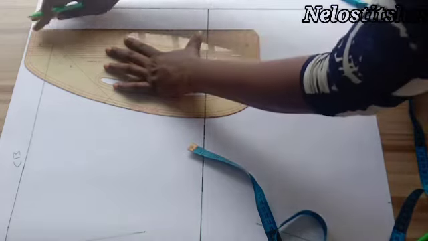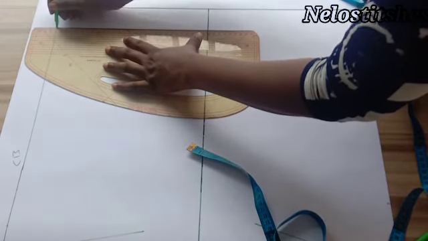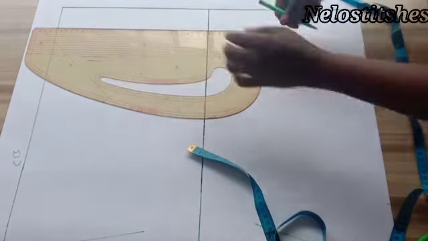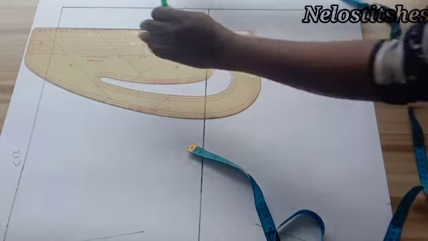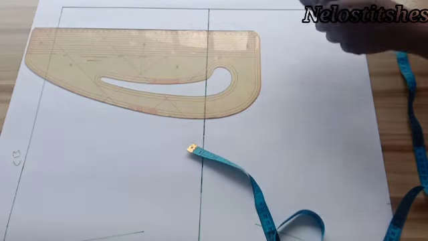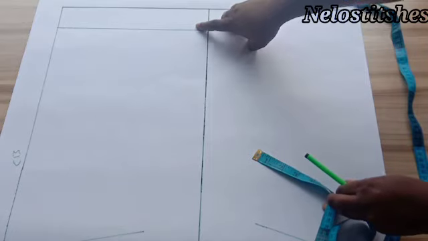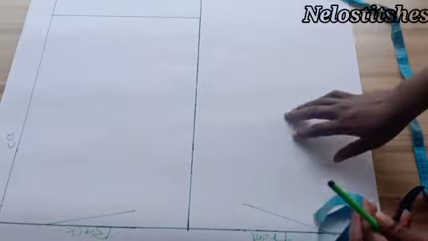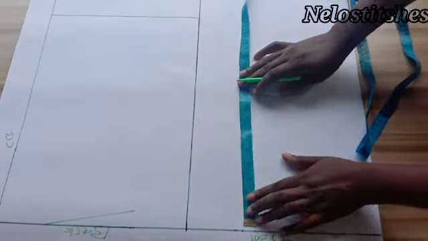Normally our back waistline and our front waistline is not the same because of our bust. So the front is supposed to be longer than the back waistline. Your back waistline should be shorter than your front waistline. This is because of our bust. Okay, so yours can be 3, it can be 2.5 or more. So this is the difference between my front and back waistline.